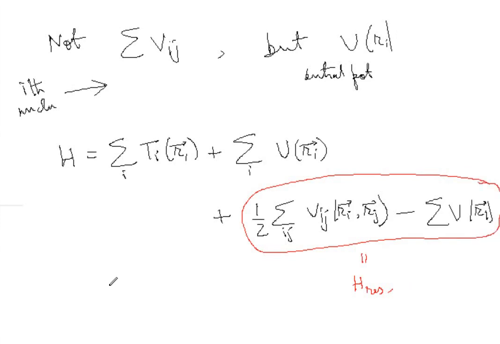Because of this very simple mathematical manipulation, we will have H is equal to summation Ti term plus summation U term, basically not I. Remember, there is no I over here. This is a central potential, and plus this residual interaction term.